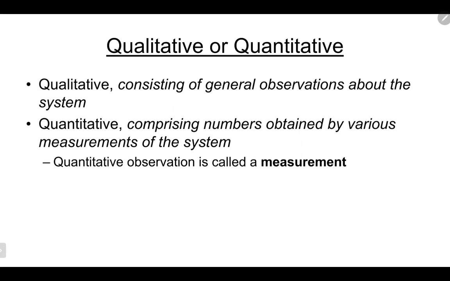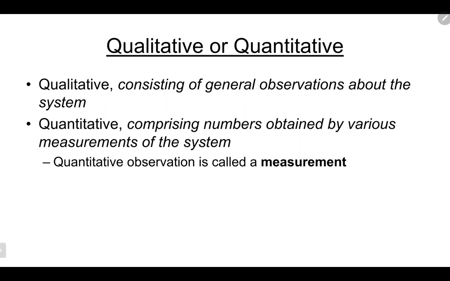Maybe it's pink, it's got polka dots, it's on fire, whatever it may be. While quantitative measurements are basically what are referred to as measurements. When we take measurements, when we record values, those are typically quantitative. They comprise numbers, units, and some type of measurement that has been done.